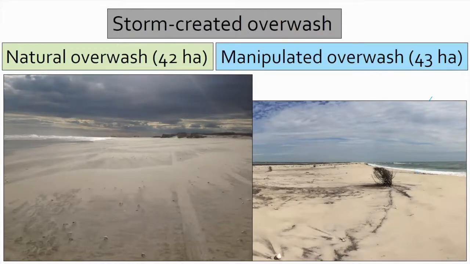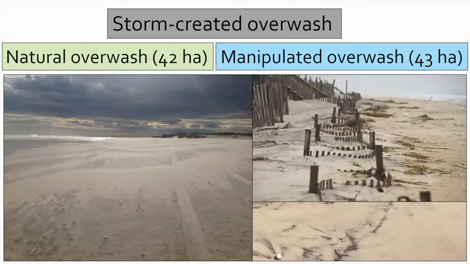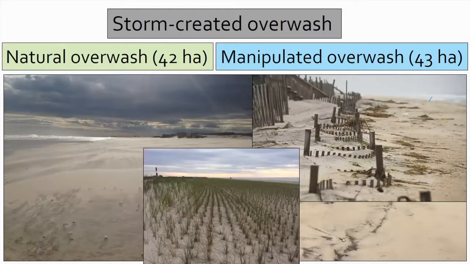However, in other locations, we identified areas where, following overwash, sand fencing had been placed, as well as this dune planting that I previously mentioned. And we referred to these areas as manipulated overwashes. And the number shown here in parentheses is the total area of that habitat type as of 2015.